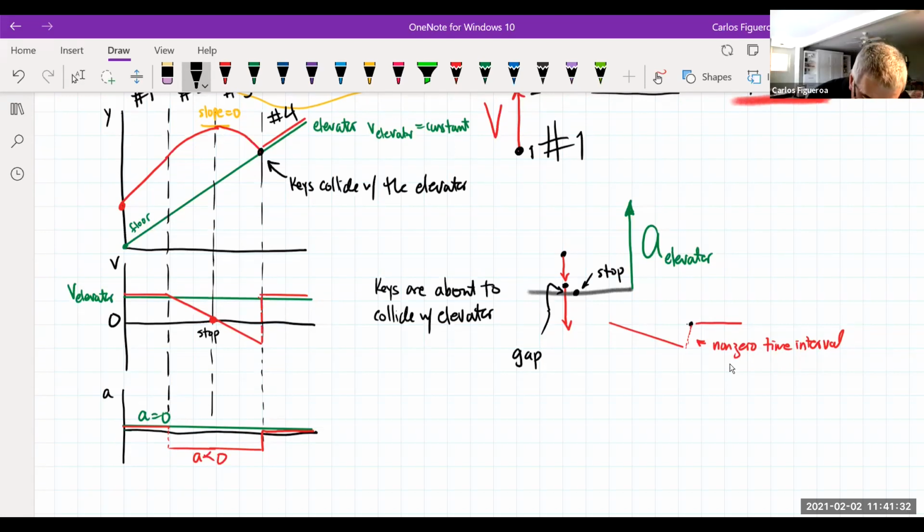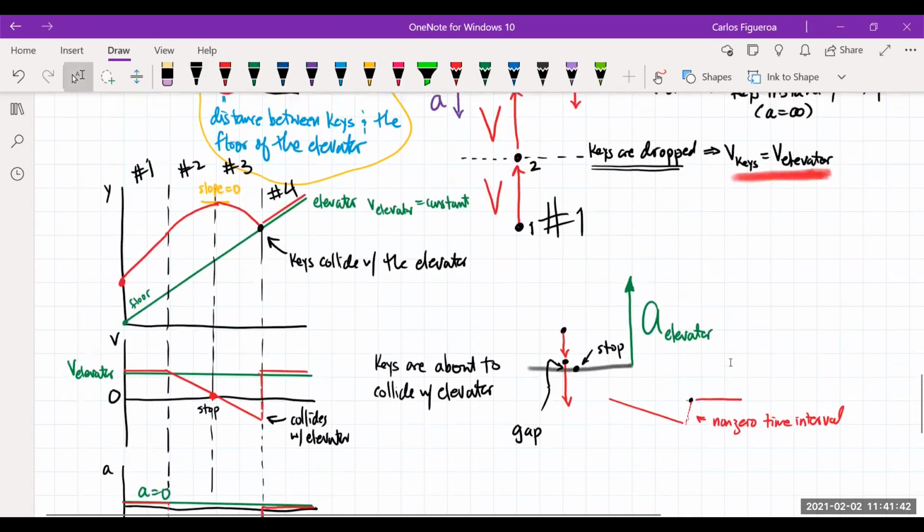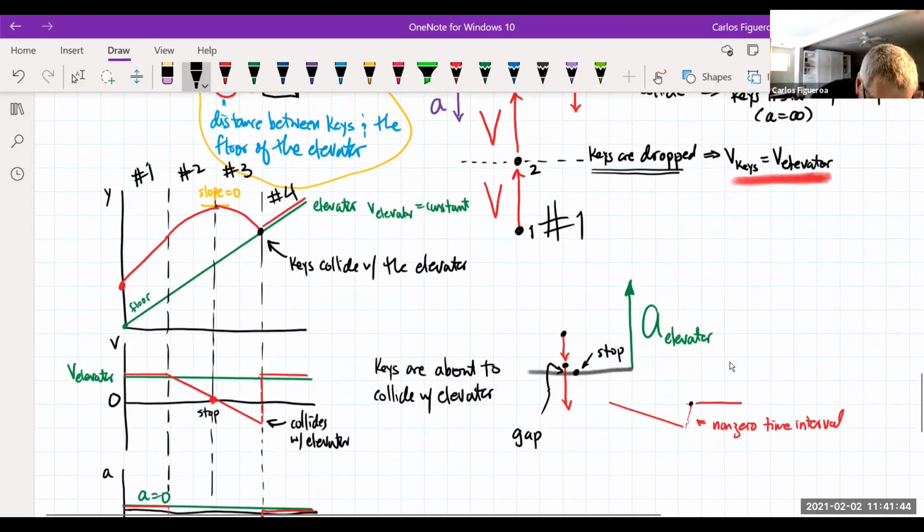No. Here is where it collides with the elevator, because look at the graph here. See how right up here, the slope is 0? The red is the keys. So this is the line right here. See, here's where the keys collide with the elevator. That line between 3 and 4.